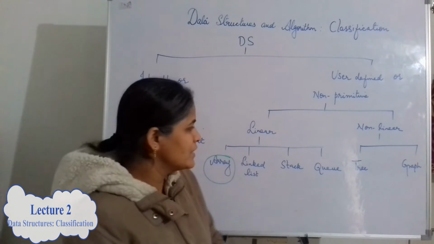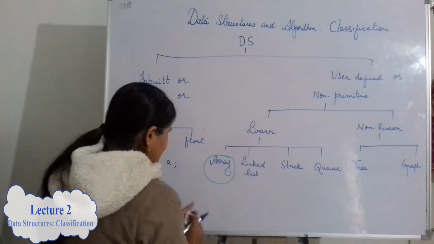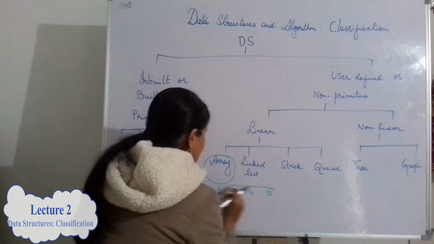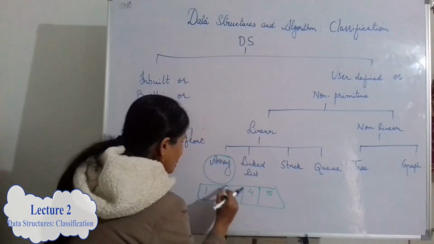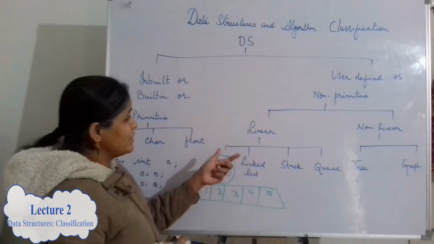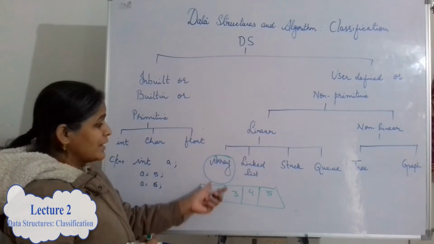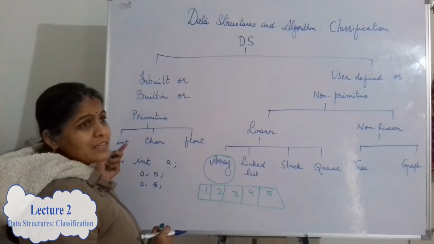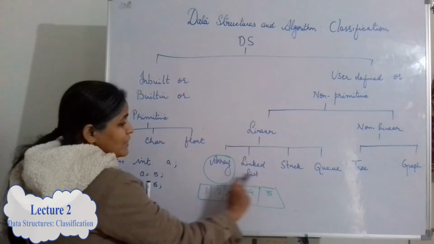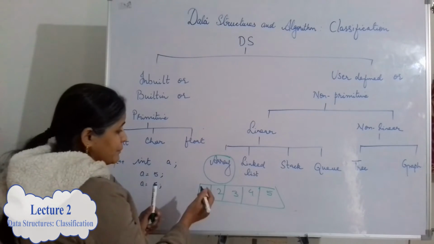If we have considered 5 elements in the array, that are 1, 2, 3, 4 and 5, then this is the array of 5 integers. User-defined data structure means these data structures are created with the help of inbuilt data structures or old user-defined data structures. Okay, these are the 5 integer elements of the array.